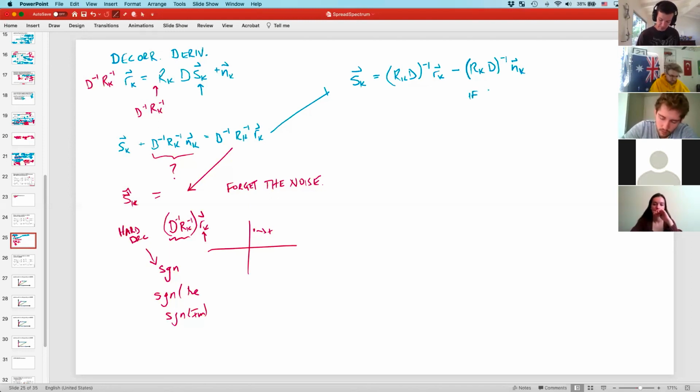So if, say, lambda min of R_k is small, then when I invert R_k, I'm going to get a very large component in R_k inverse.